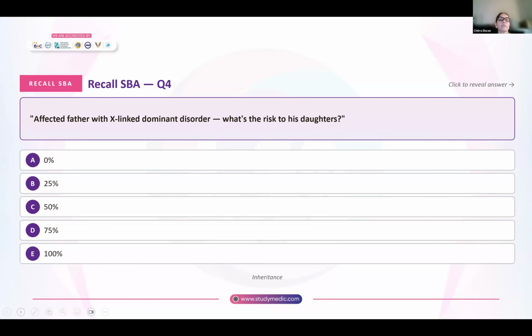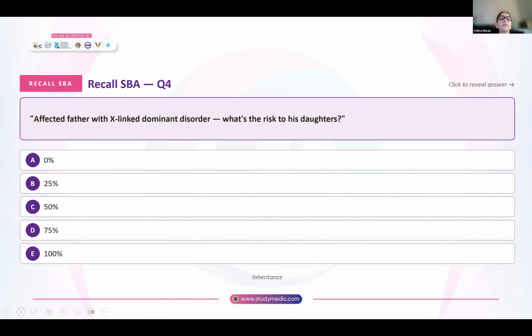Now you have an affected father with an X-linked dominant disorder. What is the risk to his daughters? Understand, the daughters get one X chromosome from the mother and one X chromosome from the father. If the X chromosome in the father is affected and it is a dominant trait, they are getting the defective X chromosome from the father.